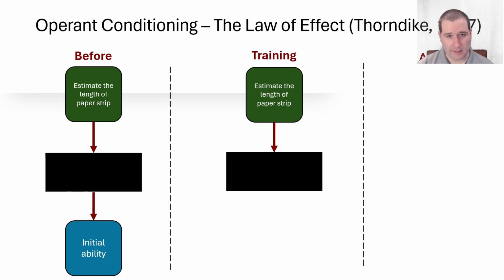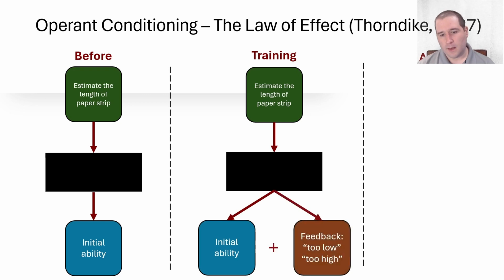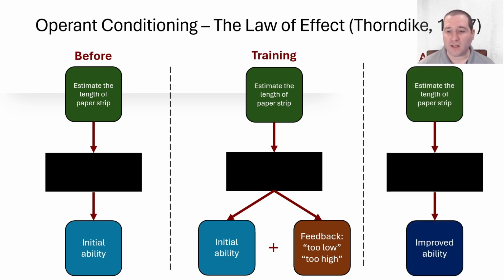So what he did is he did two groups, one that received feedback and a group that did not. The group that did receive the feedback was being operant conditioned. They would estimate the length of the paper strip, and then they would be told, hey, that's too low, hey, that's too high. And they would continually practice like that, and then eventually their ability improved.